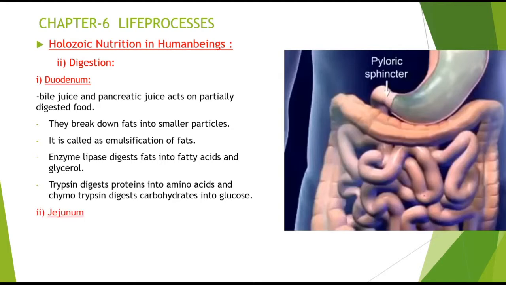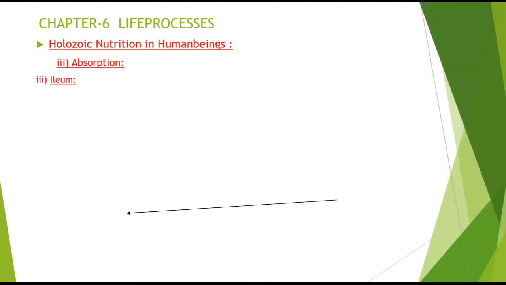Next, the food passes into another part of the small intestine, that is the ileum. Here the absorption of food takes place. The ileum is the major part of the small intestine where absorption of food takes place.